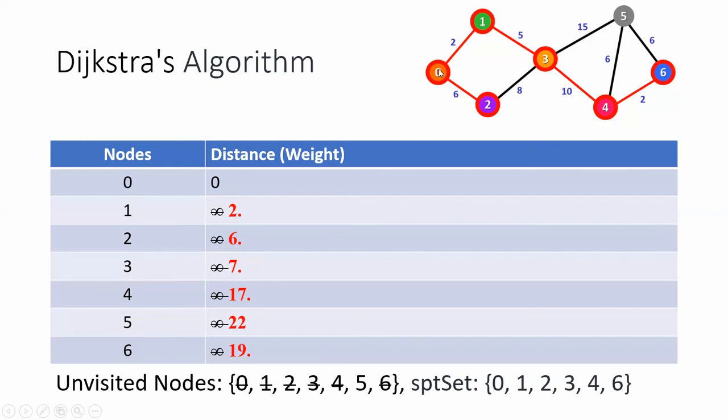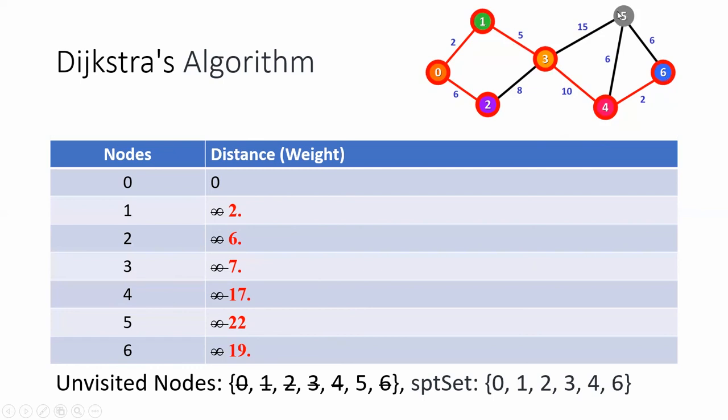But for this one, it is 19. So we go to 6 first. When you reach 6, the distance will be 19, and we stop over here.